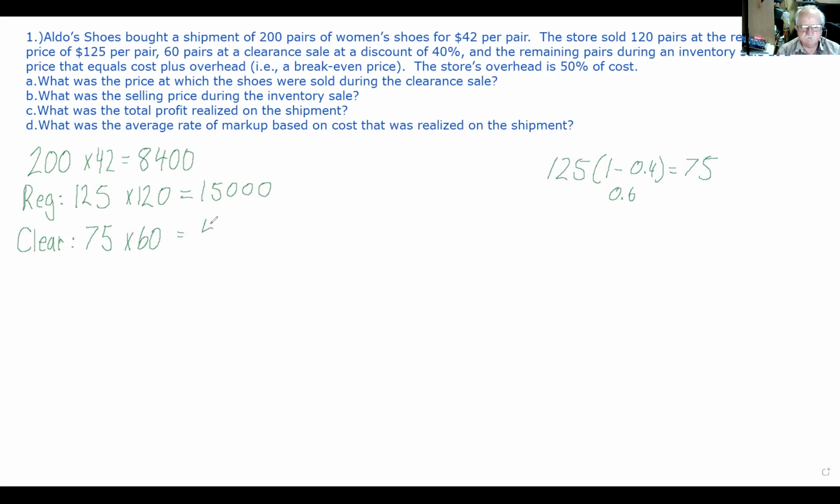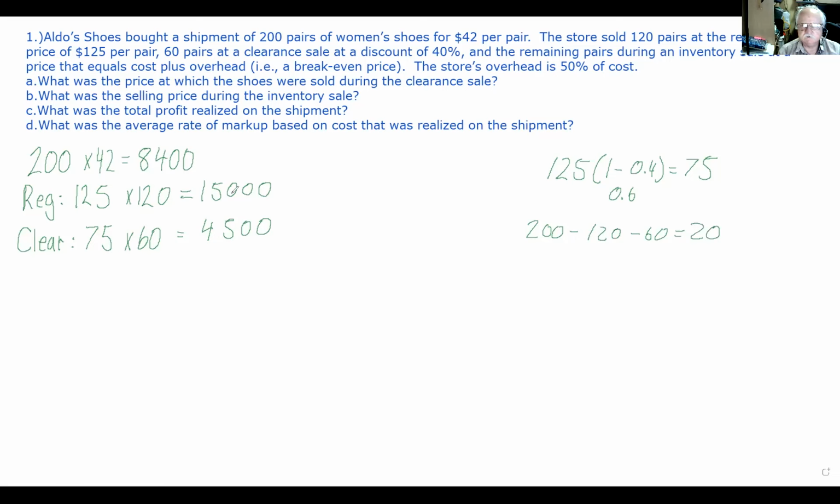So they generated 4,500 revenue there. And the remaining pairs, they haven't been nice enough to tell us the remaining pairs, so we've got to figure that out. 200 minus 120 minus 60 equals, and I think that's 20. 200 minus 120 minus 60 is definitely 20.